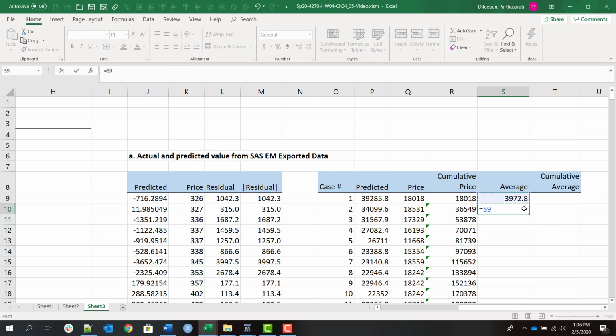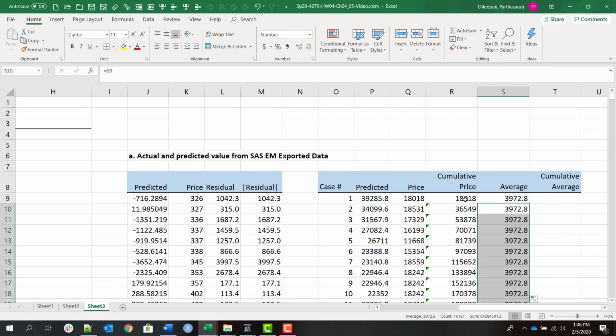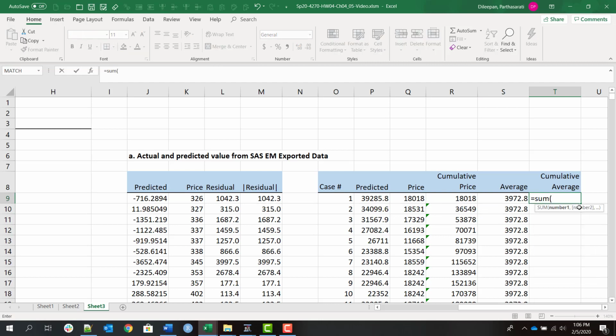So this column must all be the same average value, right? Then we did a cumulative of the actual price. Now we do a cumulative of the average price. And okay, here S9 should be absolute.